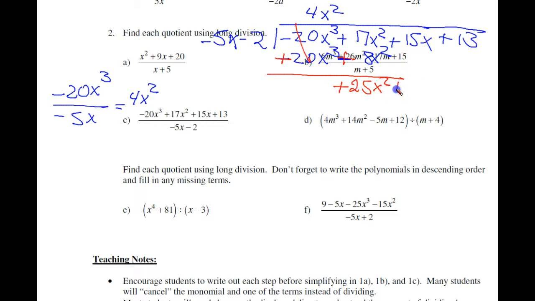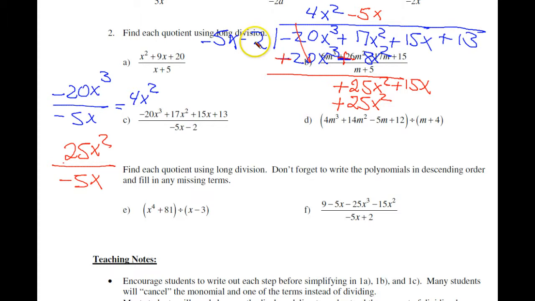Bring down this term, and then we can go over here if we need to. 25x squared divided by a negative 5x gives us a negative 5x. So a negative 5x times a negative 5x gives us a positive 25x squared.